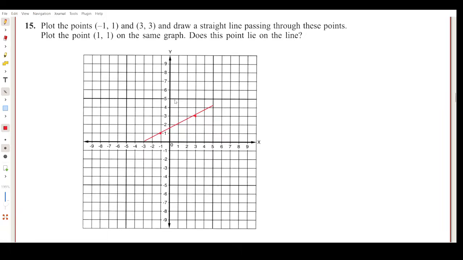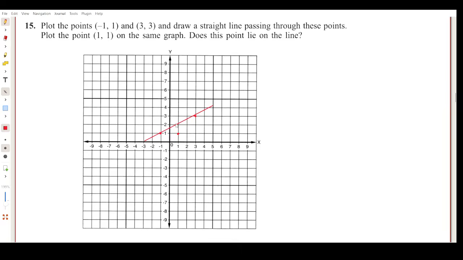Now next, again you have to plot the point 1 comma 1. Okay, this is 1 comma 1. Plot the point 1 comma 1 on the same graph. Does this point lie on the line? Is 1 comma 1 lying on the line? No, right?